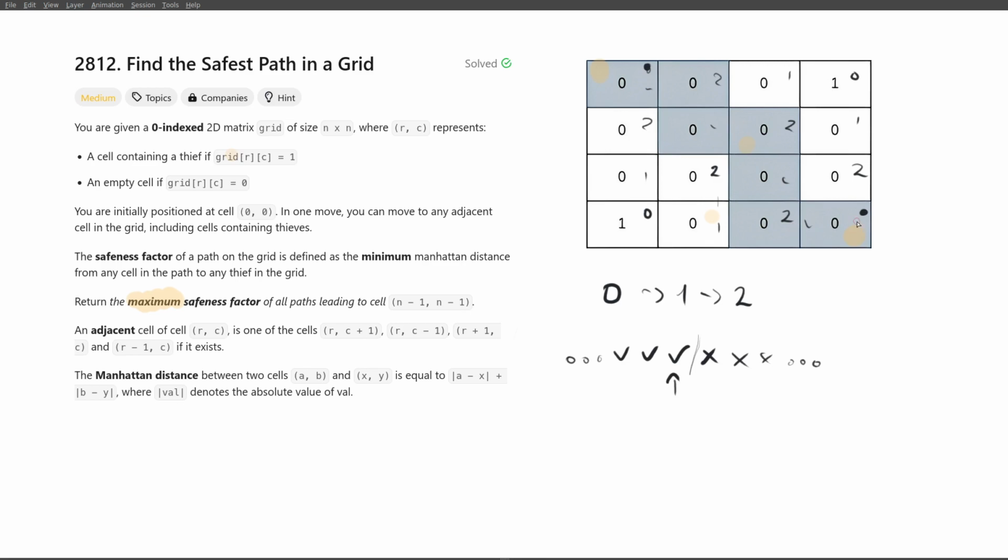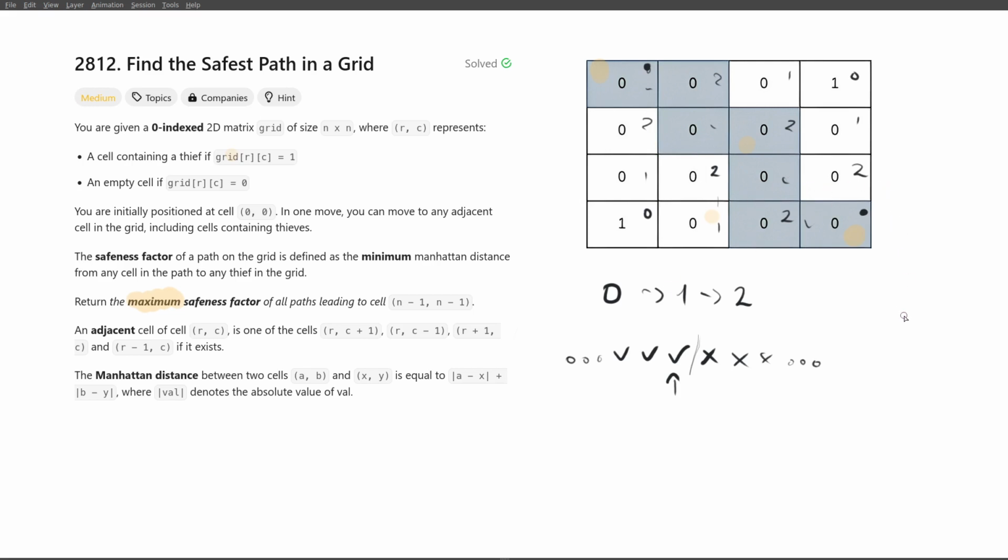And in general, we can use a priority queue, so do something similar to the Dijkstra algorithm, so that we remember every cell that we haven't visited yet, but we can visit. We have them ordered by their safeness decreasing, and until we reach the lower right cell, we take them.